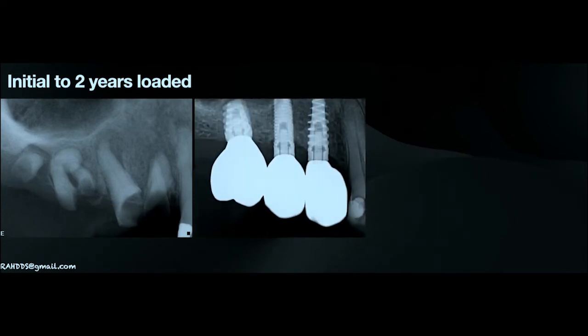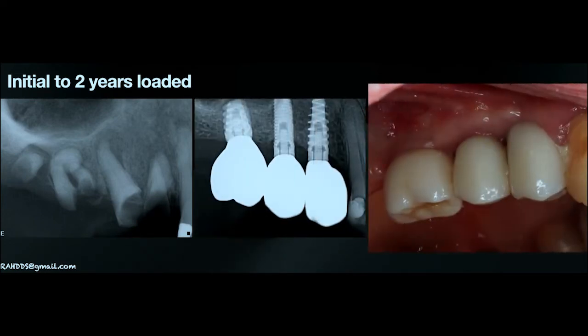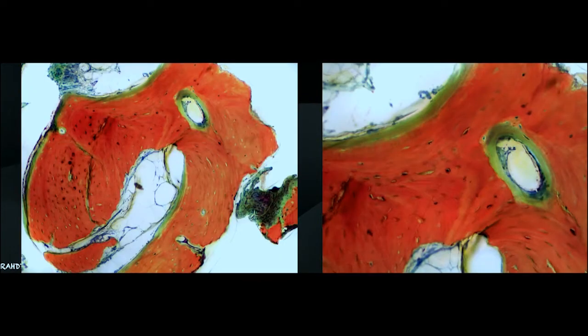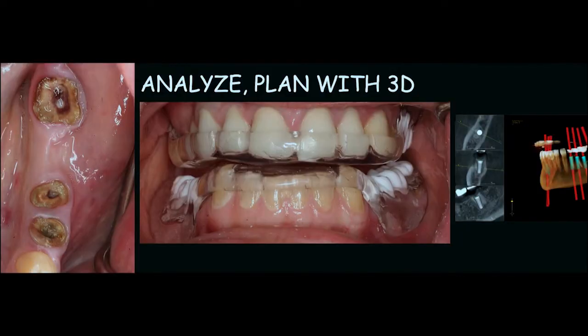So we start there, implants, restored. And she's maintained this for about 11 years with no loss of bone. And that's the DFDBA calcium sulfate side. No residual graft. The graft reossifies the DFDBA in the presence of calcium sulfate.